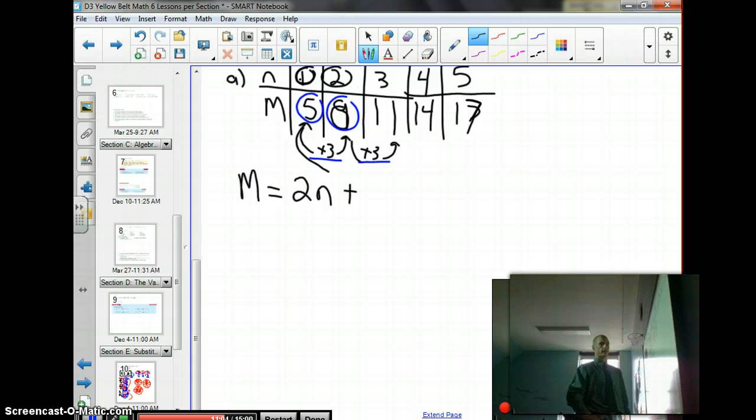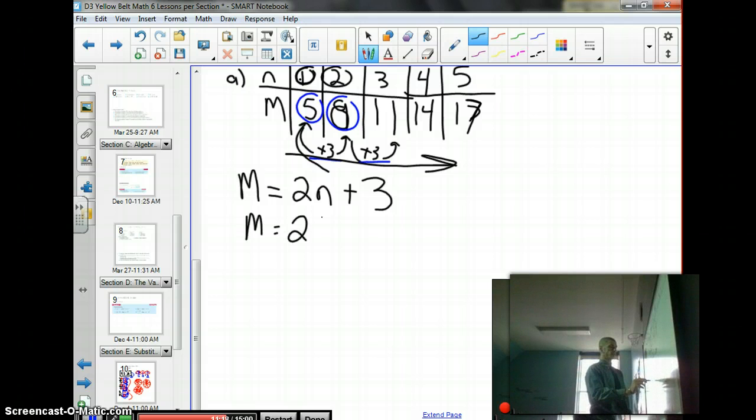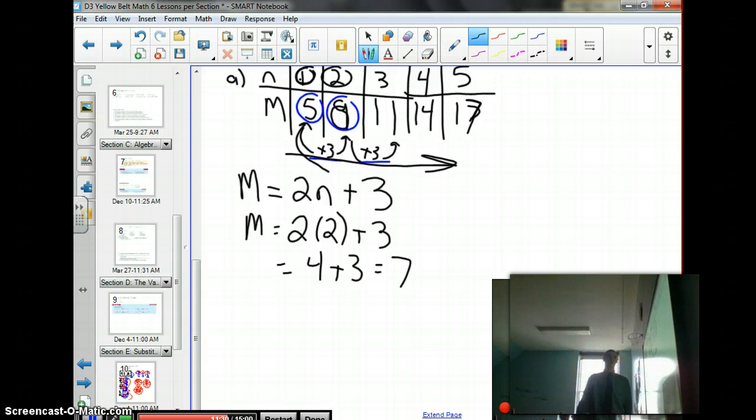Plus, well, what's going to get us that 5? Well, it's going to be 3. And let's just see if this is consistent and if it works out. So, for the next one, 2 times 2 plus 3. Alright, 2 times 2 is 4. Plus 3 equals 7. Doesn't work out.